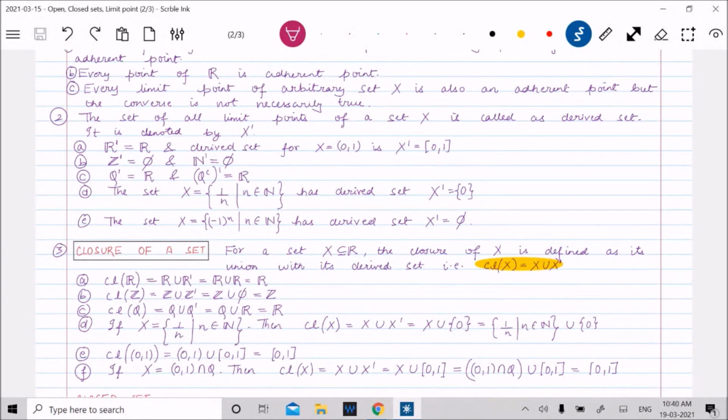You know that limit points sometimes may lie inside the set, sometimes they may lie outside the set. So in order to bring all those limit points together with the set, what we do is take the union of X with its derived set, and that's called the closure of the set, right? In some sense, it becomes closed, right? If it is missing its limit points, which may lie outside the set, then it tries to bring them together. It tries to tie them together.